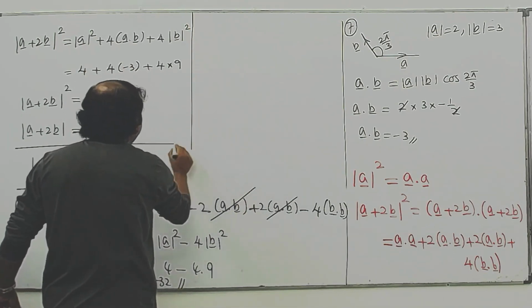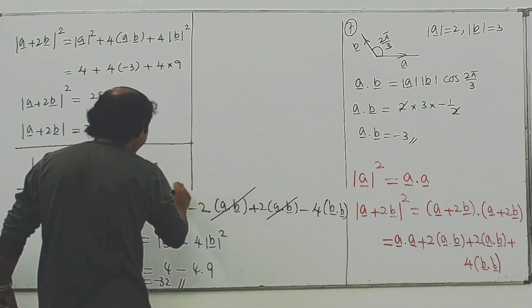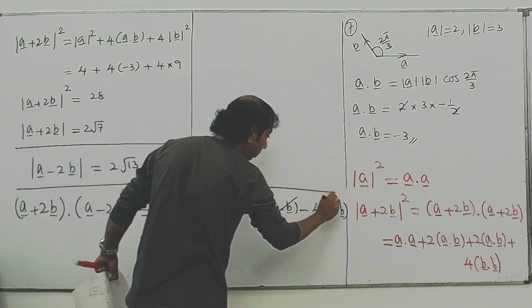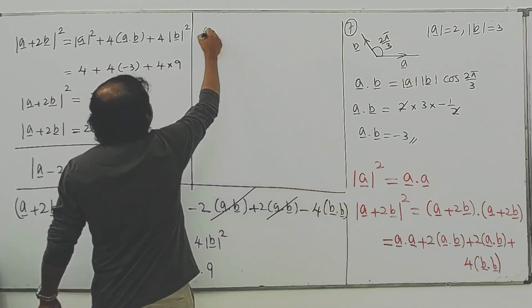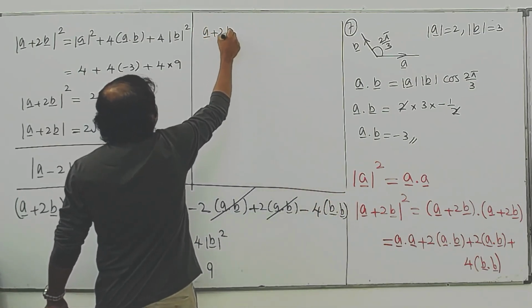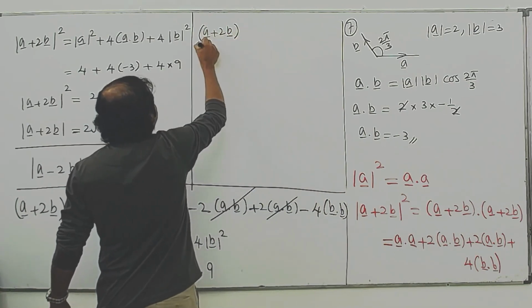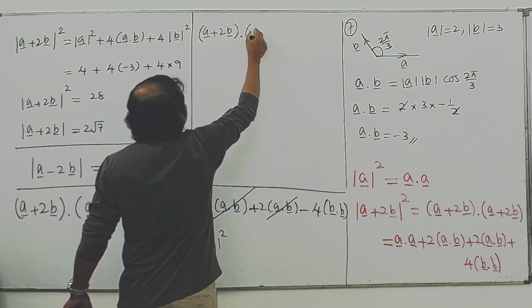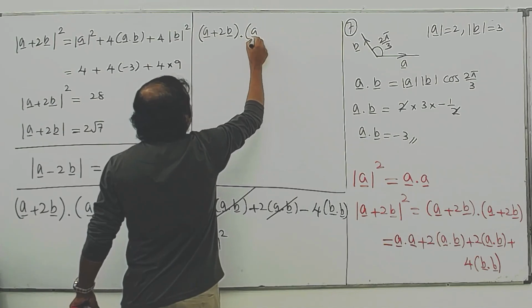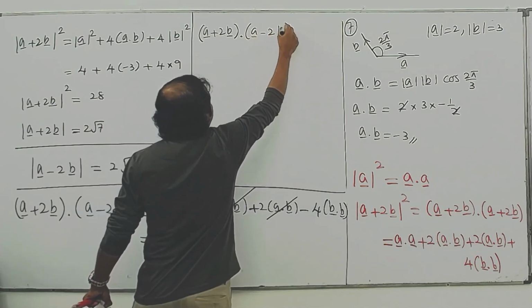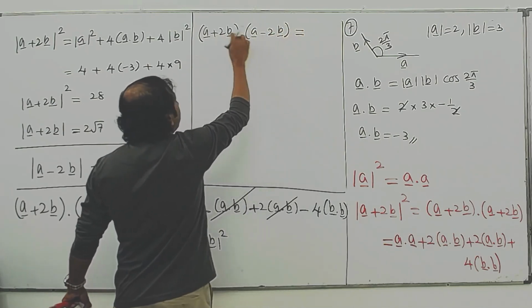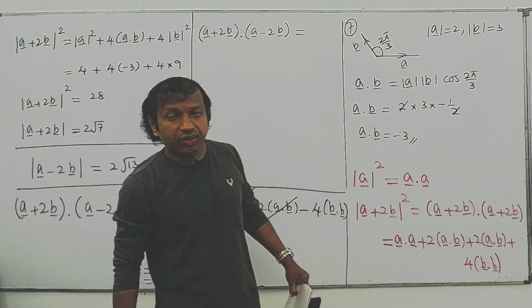We'll write it like this. I'm going to write this one, a plus 2b, it is a vector, dot a minus 2b, right? Between these two vectors, we take the dot product.